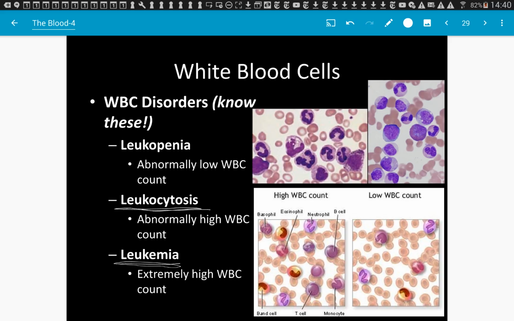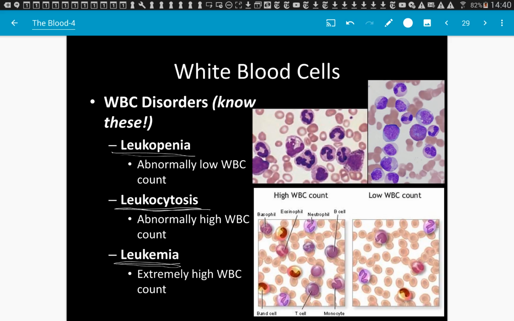So you do need to know these three. We'll be very careful with the wording. Leukocytosis is the white blood cell count is too high. Leukemia is way too high, off the charts, extremely high, okay?